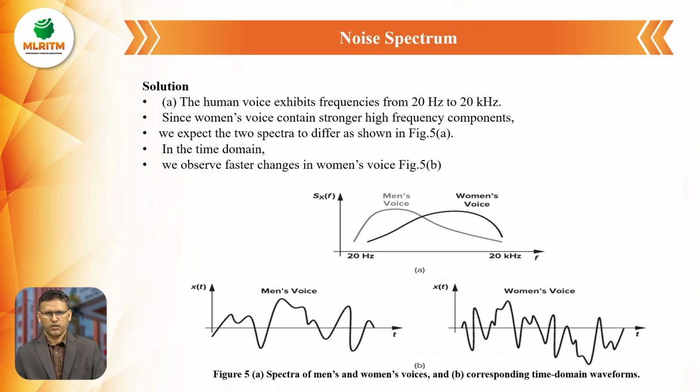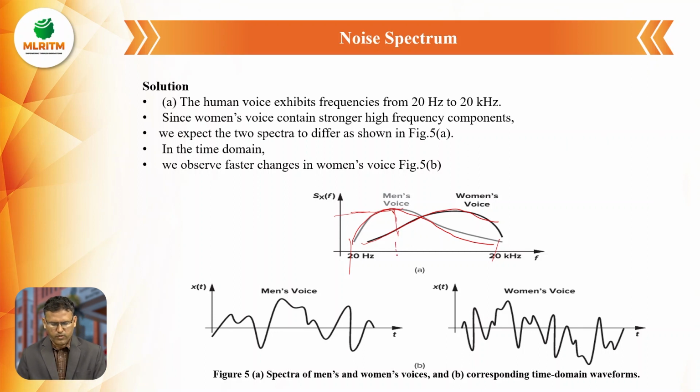For example, consider men and women voice signals. Generally audible range is from 20 Hz to 20 kilohertz. This is the men voice signal representation, and this is the women voice signal representation. For men, the signal is represented from 20 Hz up to a maximum extent, and for women you can observe the maximum amplitude at low frequency.